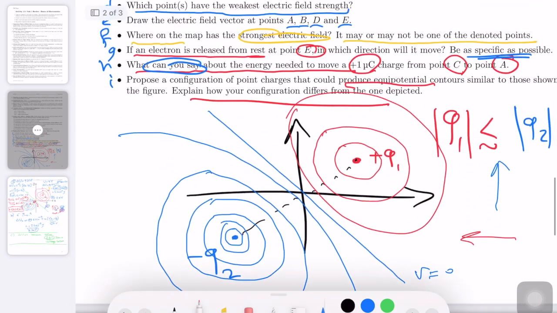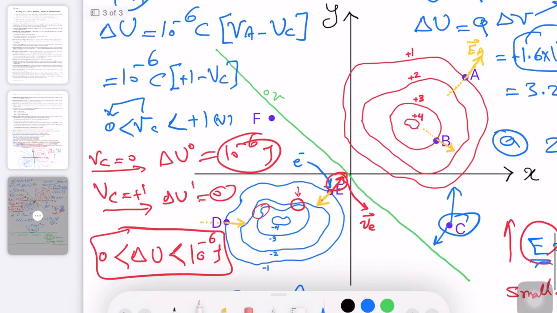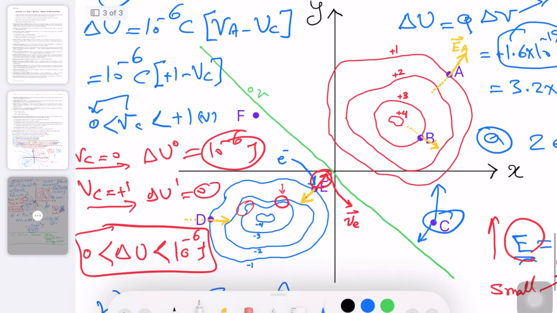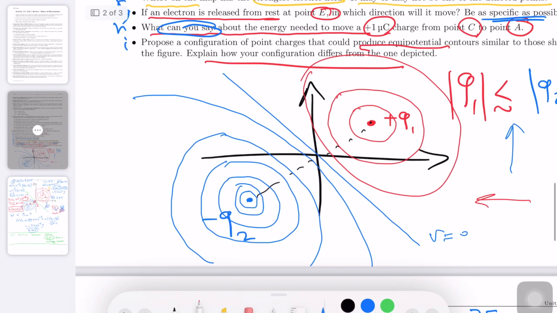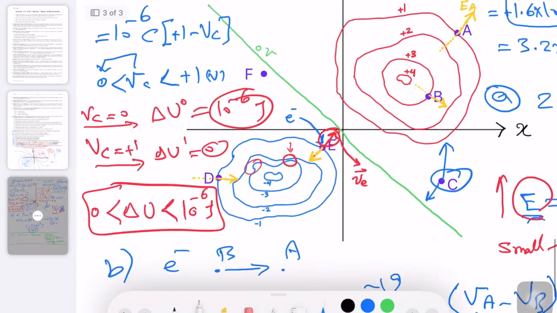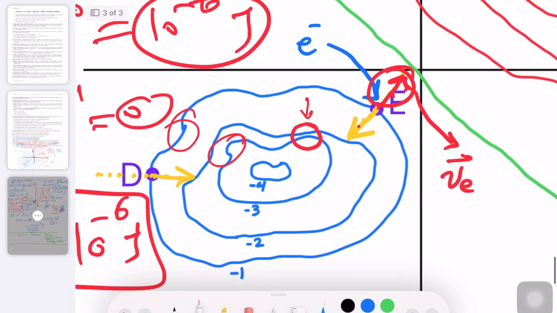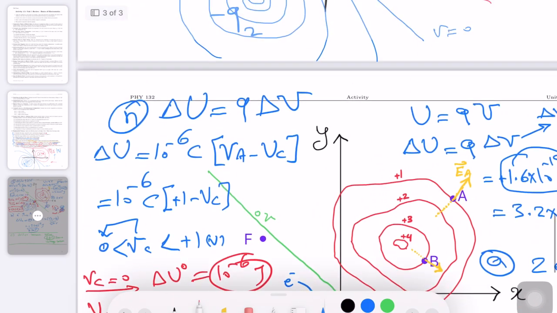So the main difference is that the real contours in the problem are not actually caused by 2 point charges, even though they're very similar. If you had perfect point charges, you would expect the contours to be circular or elliptical. You would not expect this kind of irregular shape.